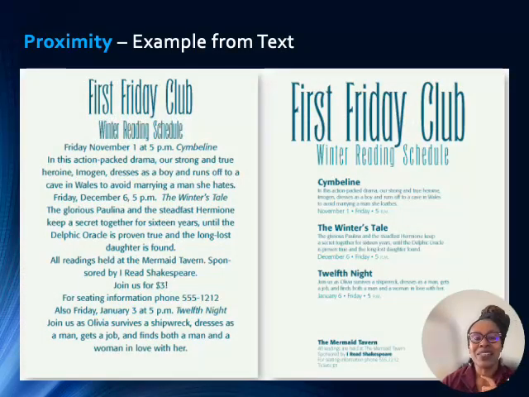So proximity: place related elements near each other. Remember this, the contiguity principle from the Clark and Mayer set of principles. This not only creates a more attractive looking page, as you can see here, you have a visual line, and the way it's laid out is a cleaner look.